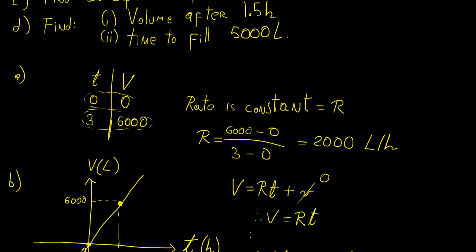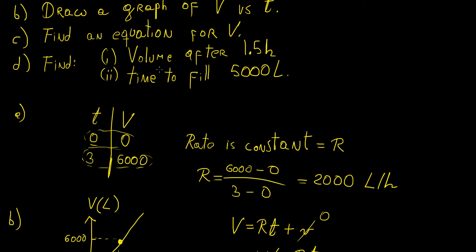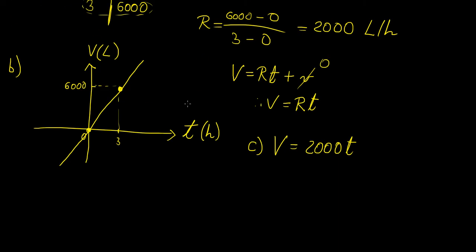Now the next part is question D. We're asked to use the information we have already gathered to find the volume after 1.5 hours. So question D, volume at t equals 1.5. We can just use the equation that we derived in the previous step.